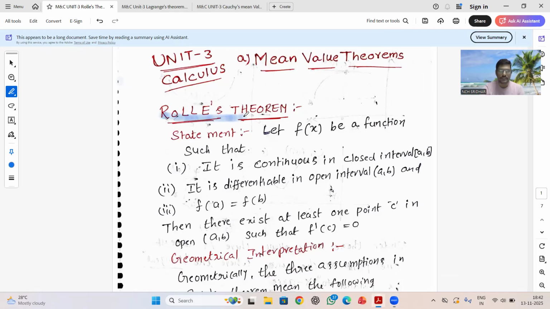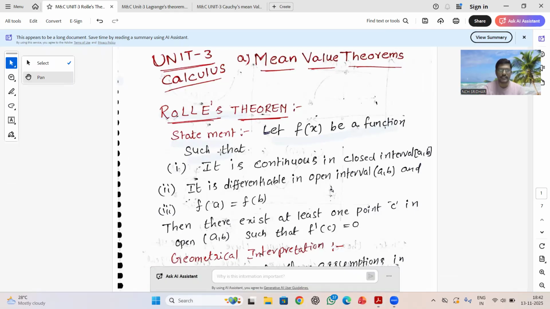Rolle's theorem. Coming to Rolle's theorem, the statement is: let f of x be a function such that it should satisfy three conditions. What are the three conditions?